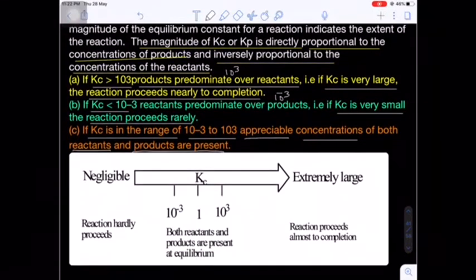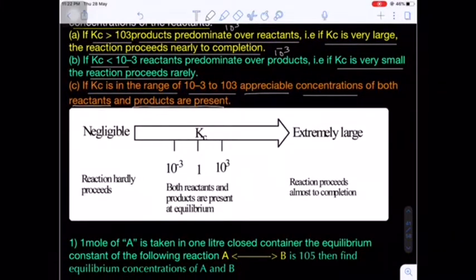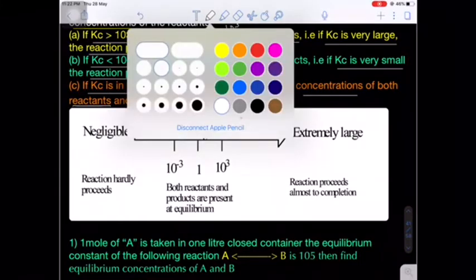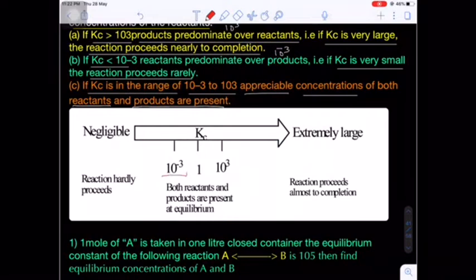Once again, here I am giving a table with the equilibrium constant values 10 raised to minus 3 and 10 raised to plus 3. If the equilibrium constant is less than 10 raised to minus 3, the reaction proceeds very hardly, so almost only reactants are present and products are negligible.